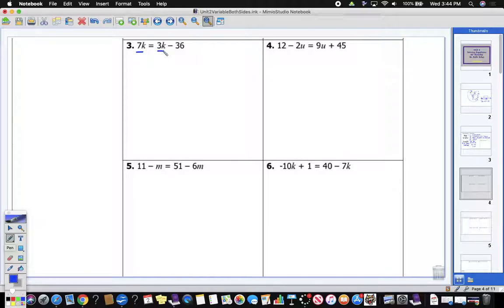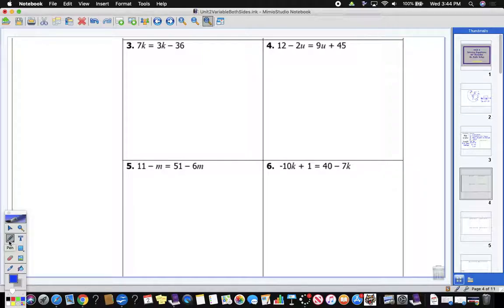Now, something you do have to consider is when we're moving all those k's to one side of the equal sign, notice on the left side of the equal sign, all I have is a k term. So we definitely want to move everything to the left side, and that's going to happen when we pick on the small one. Now, if that didn't happen when we picked on the small one, we might have to pick on the big one, and it's okay to pick on the big one.